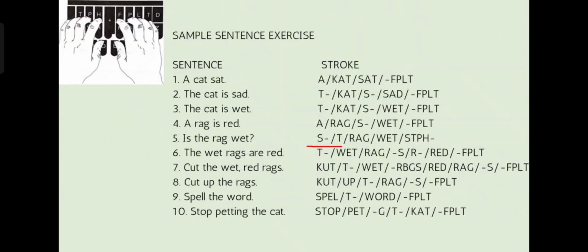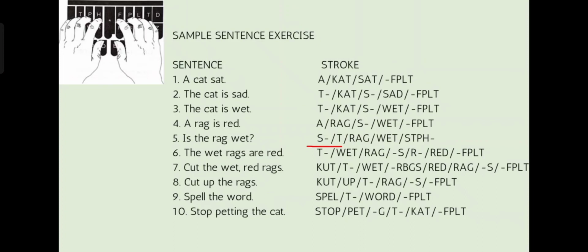Is the rug wet? That's it. You have to practice sample sentence exercises using your prototype keyboard. And you also have to master how to read the strokes, because it's different. For example, the word cut.